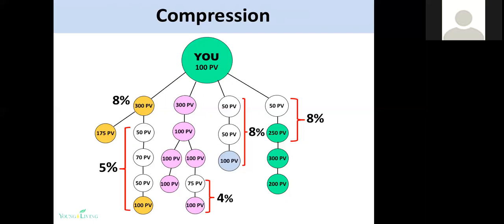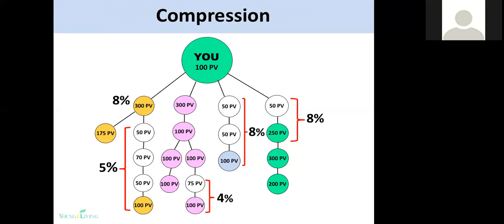And one of the ways to do that was to say, if a member did not complete a minimum of 100 PV for the month, the way the system works is it will continue to look down the leg of an organization until it finds the first individual who has completed 100 PV.